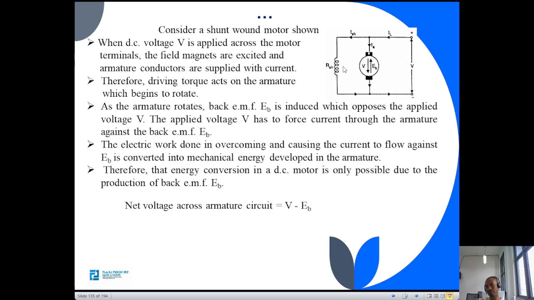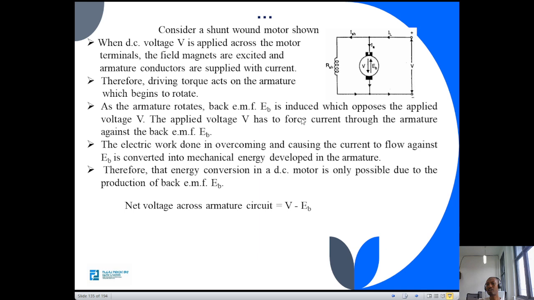Since they are connected in parallel, immediately IA and I shunt start flowing. Therefore driving torque acts on the armature, which begins to rotate. As the armature starts rotating, back EMF is induced, which opposes the applied voltage according to Lenz's law.